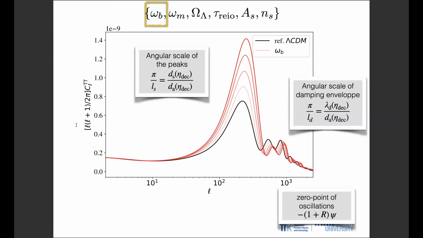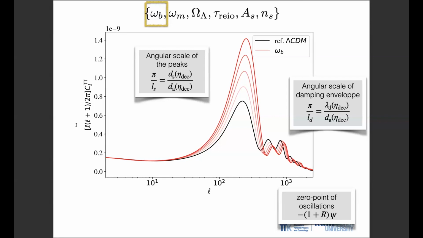So you can get an equation similar to this one, but replacing d_s by the diffusion length that we computed in a slide on the first day. And this gives you really the scale of the damping envelope. It gives you an l_D, and then the damping envelope can be thought of as a factor e to the minus l over l_D squared, something like this. This is how you would approximate analytically the effect of Silk damping.